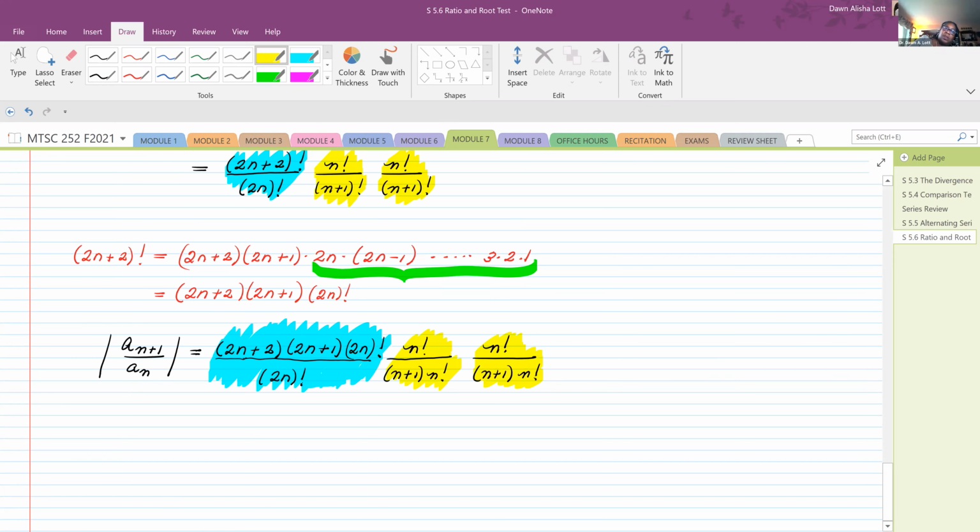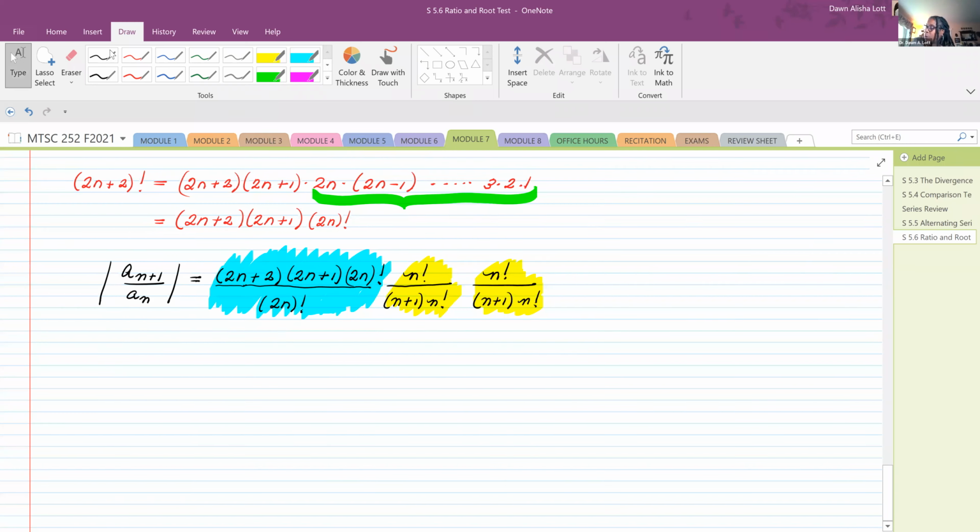Okay, let's keep simplifying. So this is equal to, well, I can see that the two (2n) factorials drop out and the n factorials drop out. So now I get (2n+2) times (2n+1) over (n+1) times (n+1).